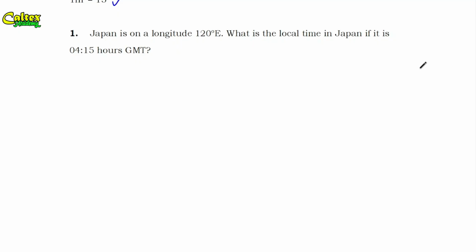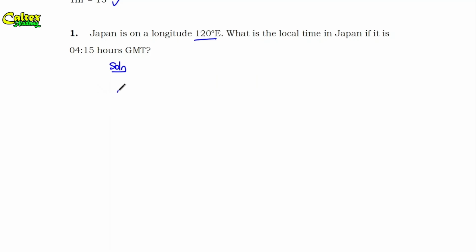What we have to first do is to get the angle difference between the two longitudes. One is where Japan lies, and the second one is the one from Greenwich, which is 0 degrees. Let's get the angle difference between the two longitudes, that is 120 degrees east and the Greenwich meridian.